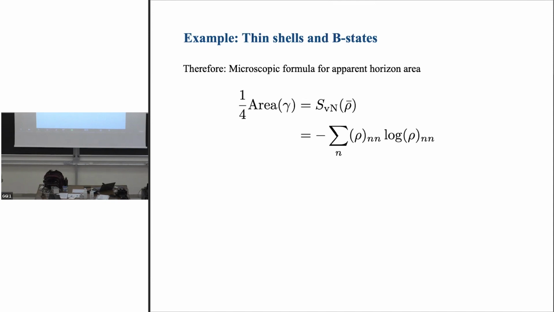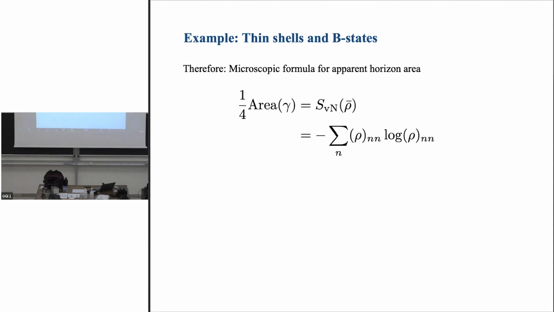And what we really wanted to get out of this was a CFT formula for the apparent horizon area. So now we can write that formula. By construction, the way we've done this, the area of the apparent horizon is going to be the von Neumann entropy of the coarse grained density matrix.